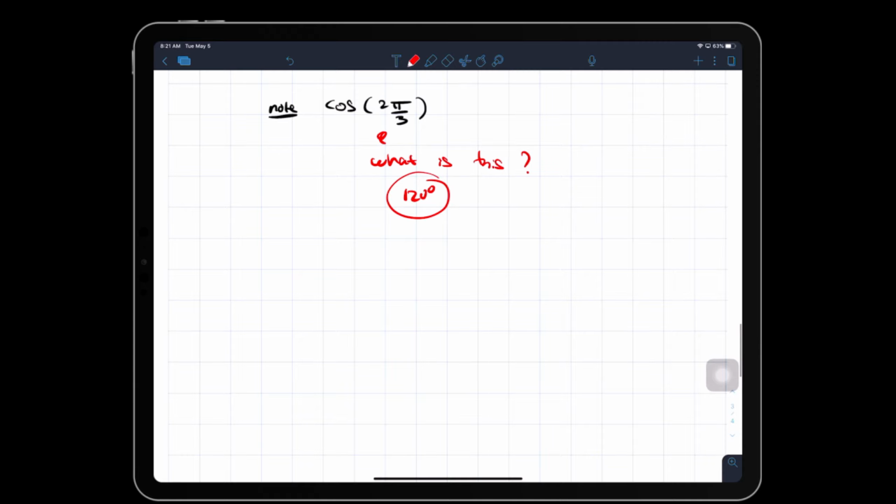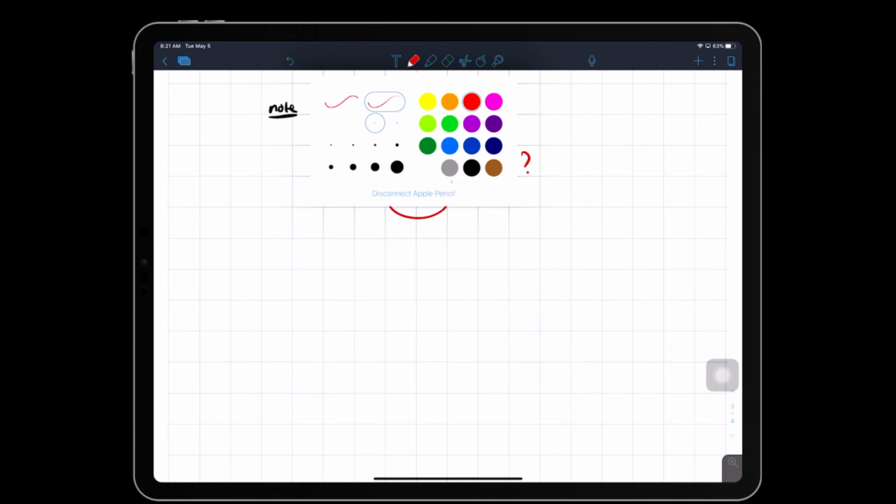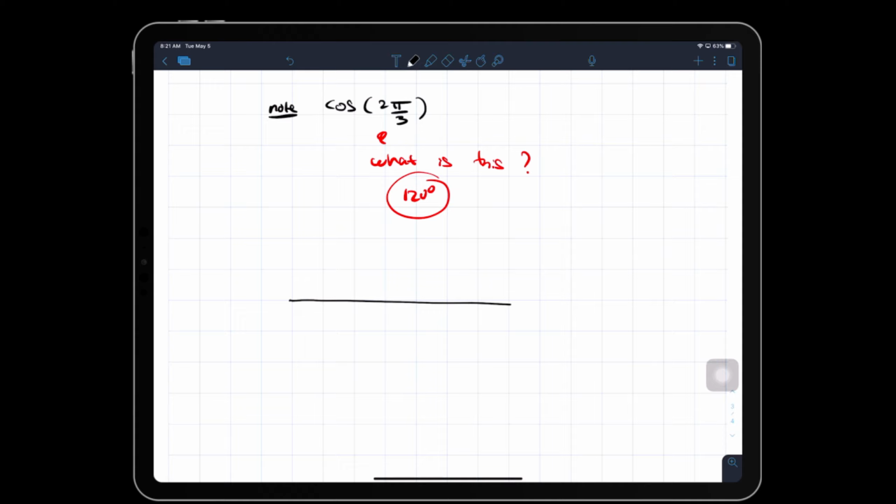So if you recall how to find some of these values, 120 again is in quadrant 2. So here's quadrant 1, quadrant 2. So you got 90 and then plus another 30. This is the angle they're talking about, 120, but you need the reference angle. That reference angle is 60 degrees.